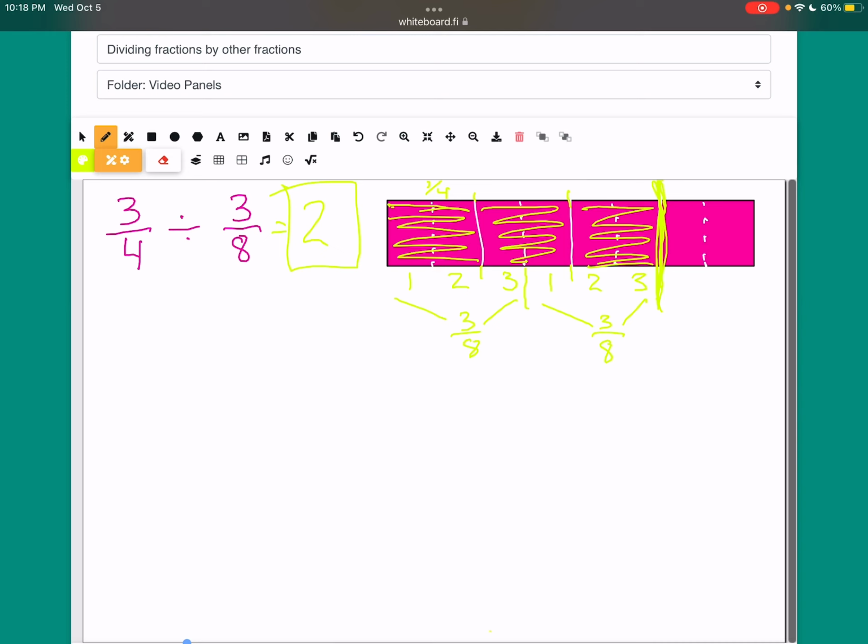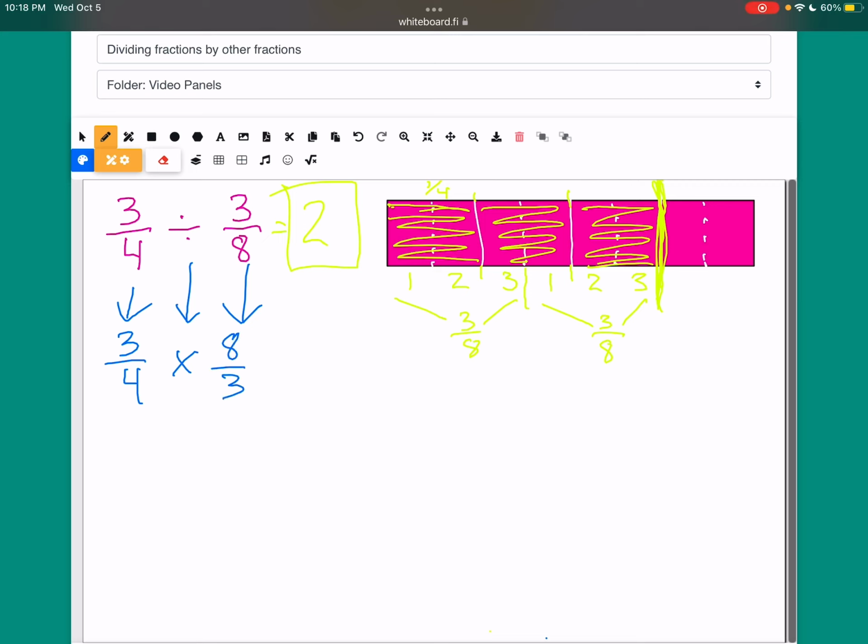But how does it look with our procedural, right? Well, we take our 3/4 and we are dividing it by 3/8. In this case, we want to multiply it by the reciprocal, inverse operation, with an inverse fraction, right? So that would be 8/3.